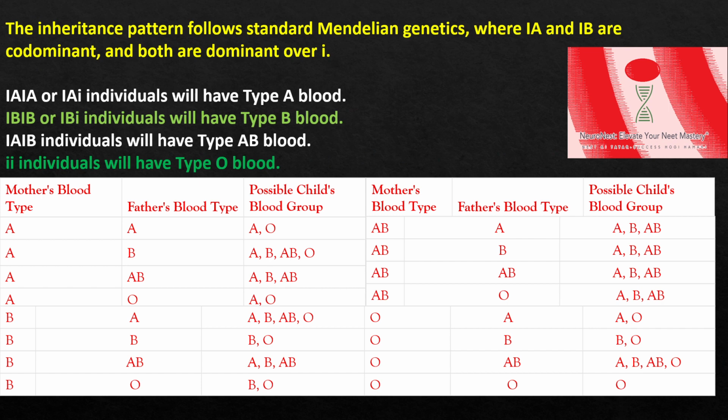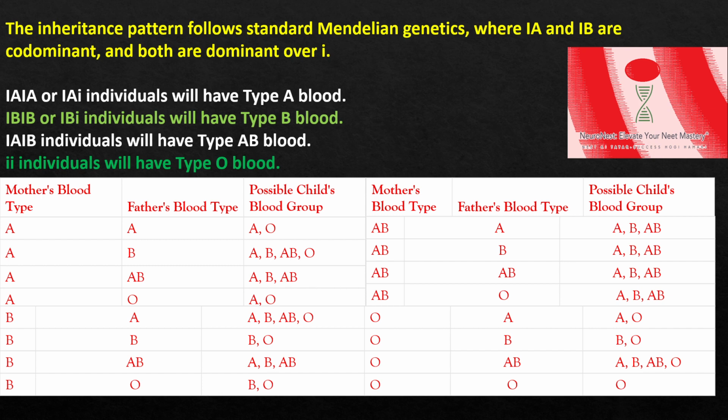So this is the inheritance pattern of blood group. It follows a Mendelian genetic pattern where capital IA and IB are codominant and both are dominant over a small i.